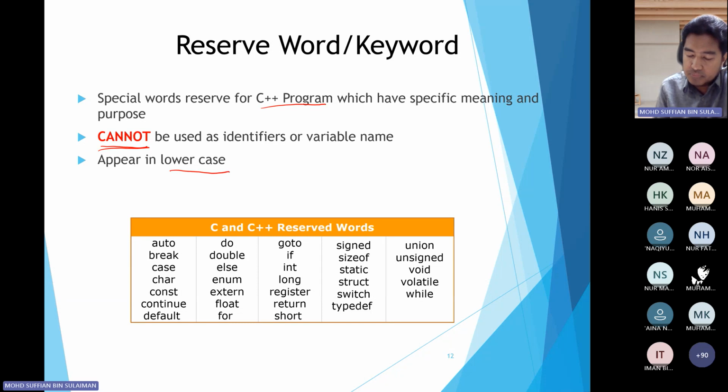For example, auto, break, case, char, const, continue, default, etc. There are a lot of C and C++ reserved words. You can ask Uncle Google if you want to know the complete list of reserved words provided by C++.